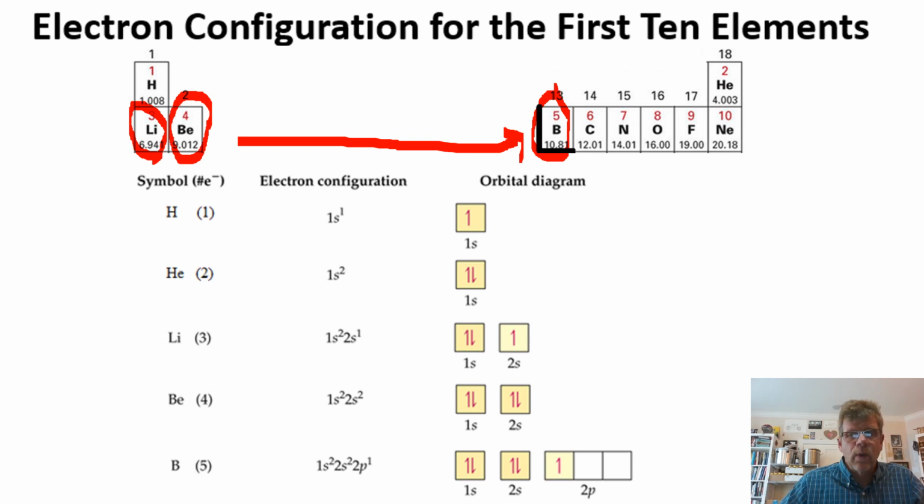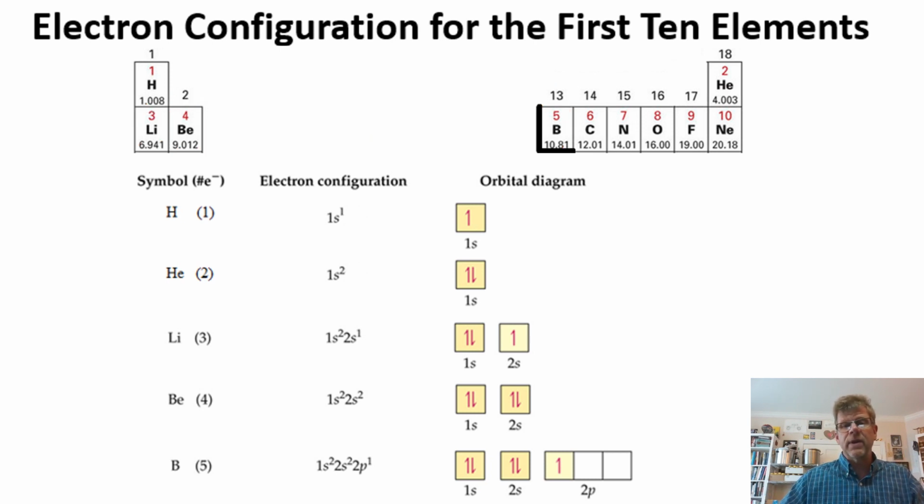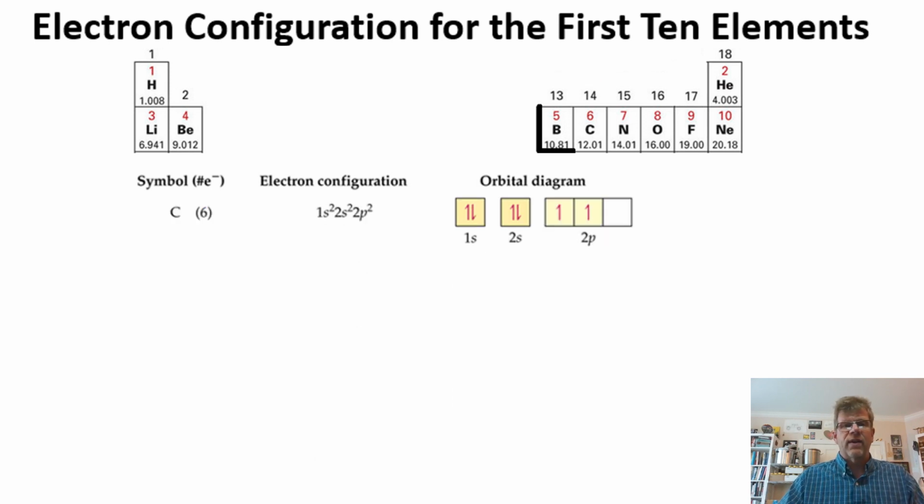In this case, we've only used up 1 of those, but as we move along now, we're going to be continuing to fill up this 2p orbital. So let's continue. We were at boron with 5, and we're going to move over to carbon now with 6 electrons. So let's look at that. 6 electrons, exactly what we had before, add 1. On boron here, we had 1s2, 2s2, 2p1.